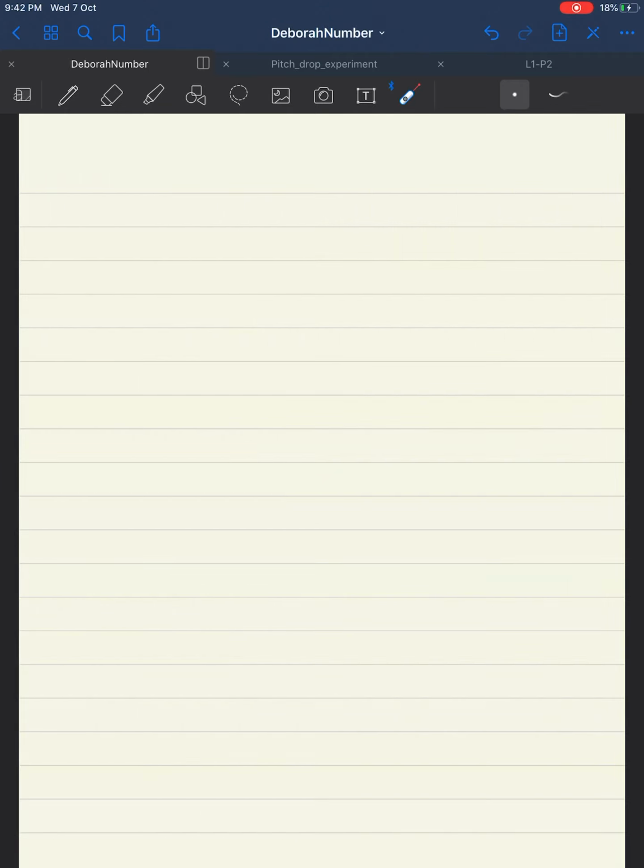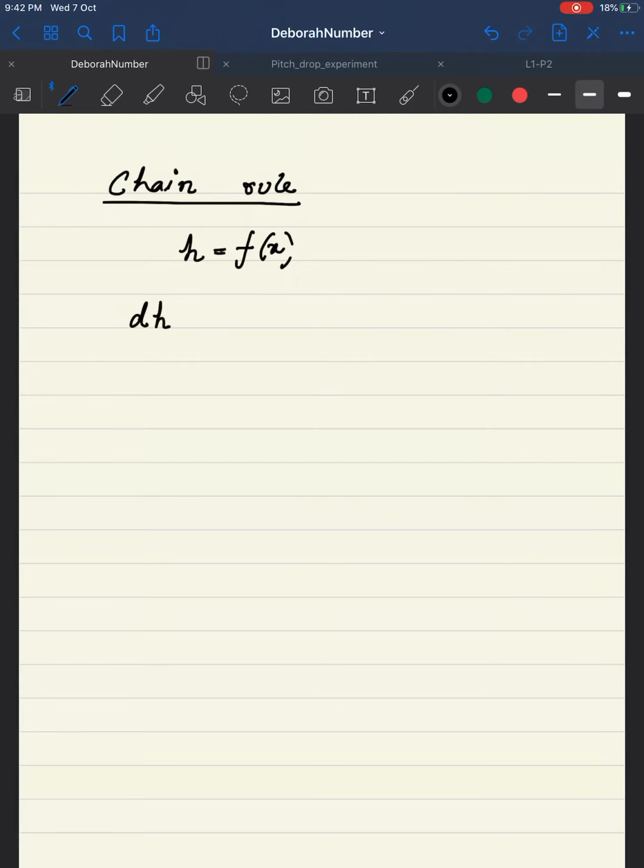So, the next thing we want to look at is the chain rule. We are reviewing a lot of calculus right now. Remember when you had a simple function, let us say h, which is equal to f of x, where f is just a function of a single variable, and we had to calculate the derivative of h with respect to some other variable, let us say t, then what was the chain rule?